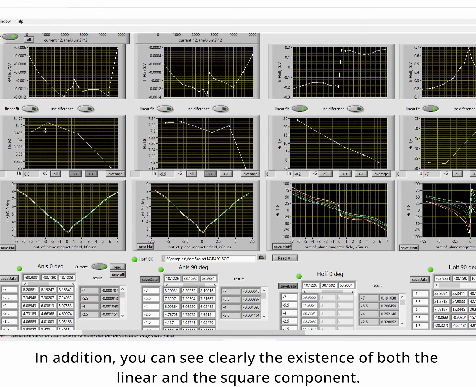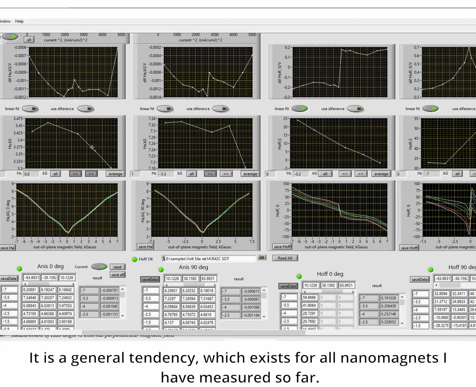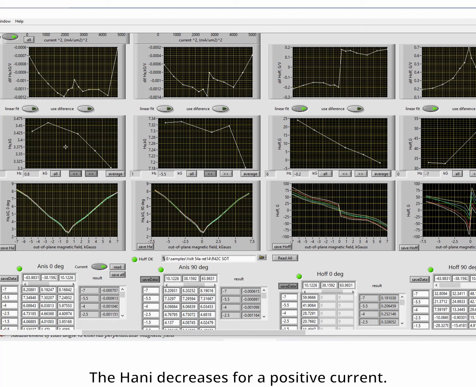In addition, you can see clearly the existence of both linear and square components. The slope of the linear component is negative. It is a general tendency which exists for all nanomagnets I have measured so far. The anisotropic field decreases for positive current here.